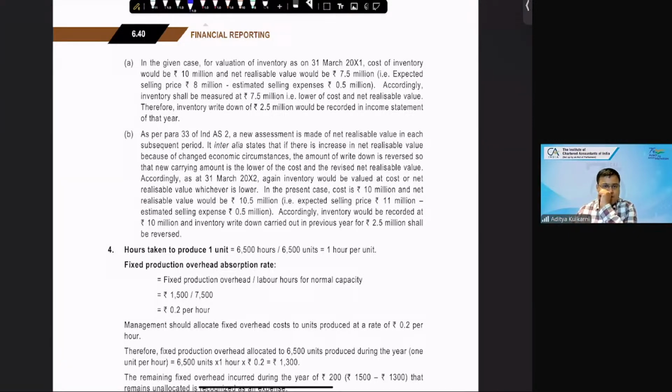Sir, as per schedule, there will be class on 11th November after 30th. There will be, it's directly on 11th November. Financial reporting, that is also chapter 13.